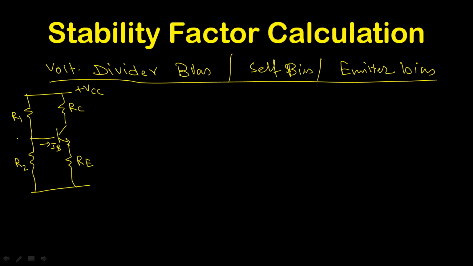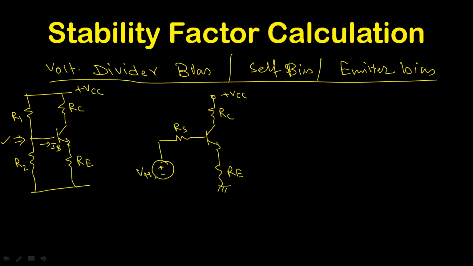So here we can apply Thevenin's theorem, and basically with Thevenin's theorem we can represent the circuit. The output circuit remains the same. That means the output circuit, it was RC, this one was VCC, and this one was RE. It remains the same. Now the input side circuit, if I apply Thevenin's theorem, can be represented as a series resistance with a voltage source.